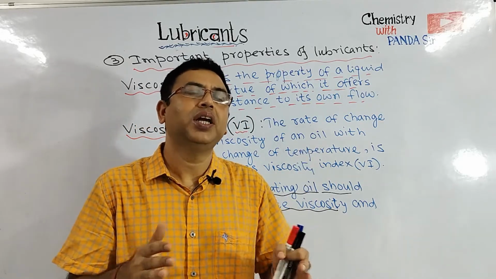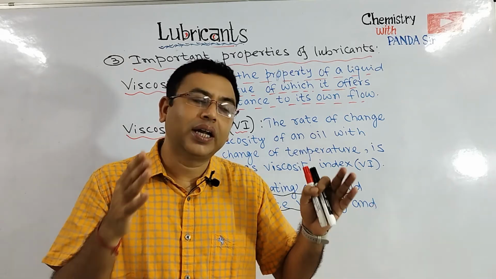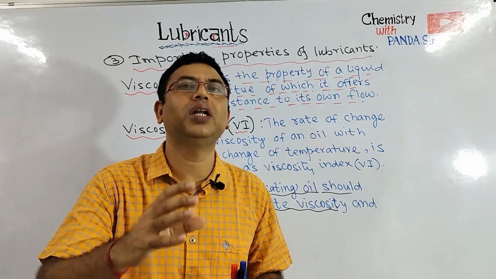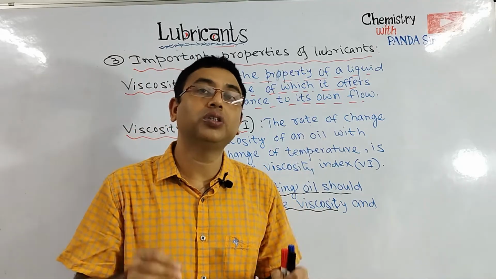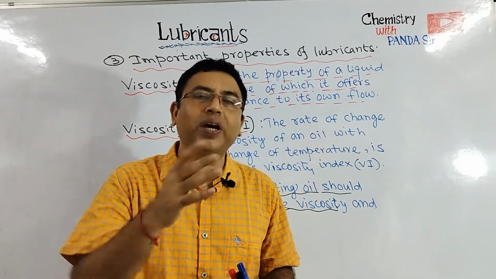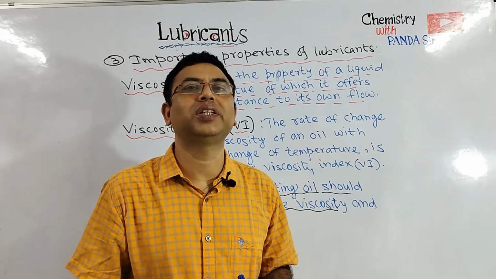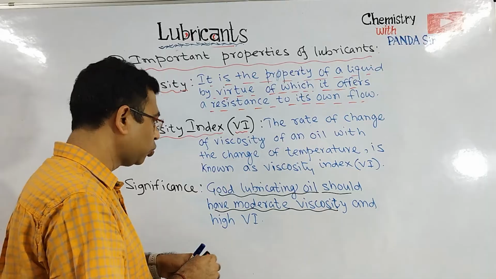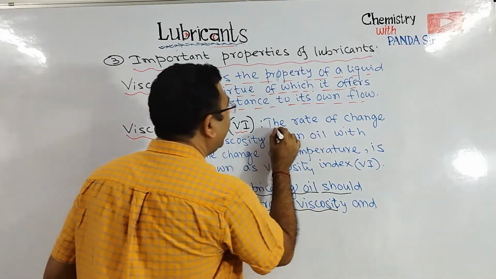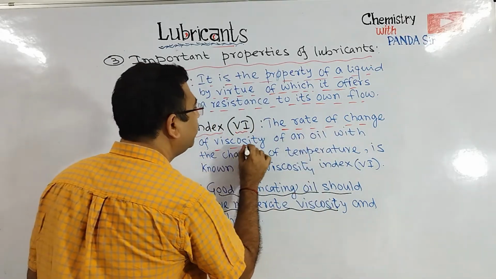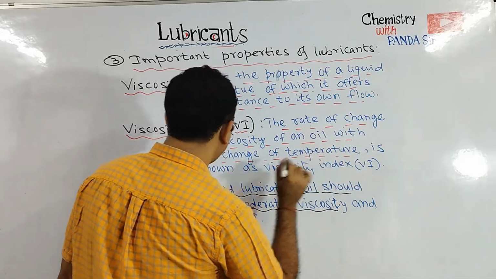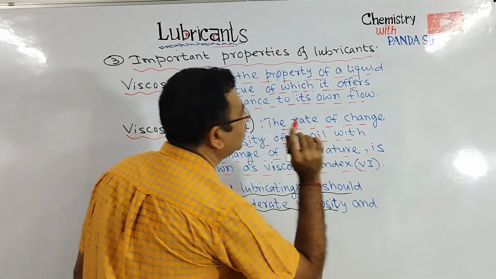In most lubricating oils, the viscosity changes very quickly with temperature, which is not desirable. This parameter is known as the viscosity index. So let's have a quick look at the definition. The rate of change of viscosity of an oil with the change of temperature is known as viscosity index.